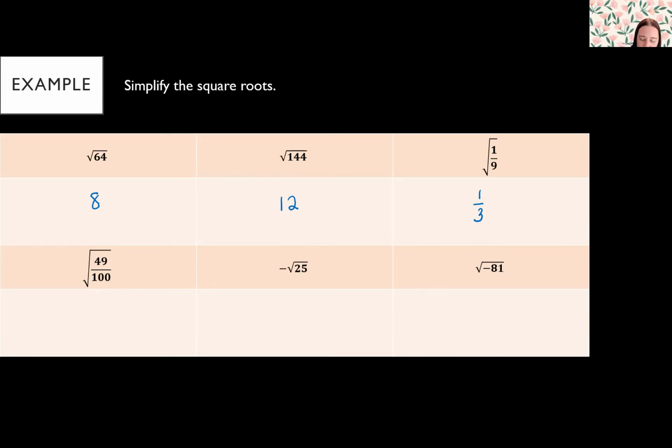But if you were typing this into your calculator, I've got a button that says square root, and then I would hit a parenthesis and do 1 divided by 9, and then close my parenthesis. If I don't do that, it will only take the square root of 1, and then divide that answer by 9, and that would give you the wrong answer.